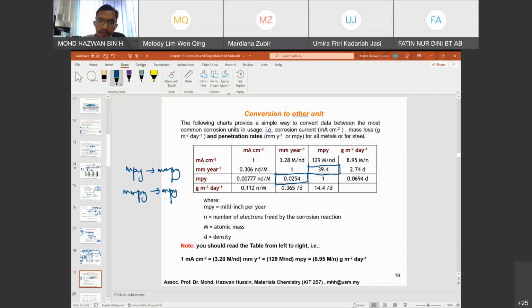These are the important values that you need to memorize. To convert MPY to mmpy, you multiply with 0.0254. Sorry, and to convert mmpy to MPY, you multiply with 39.4.